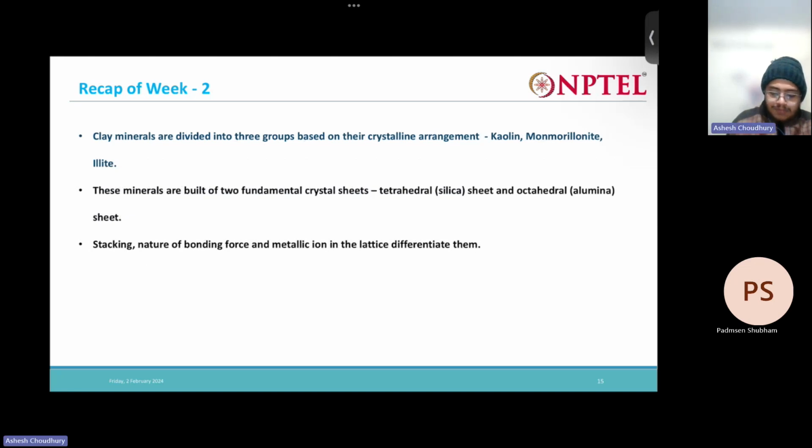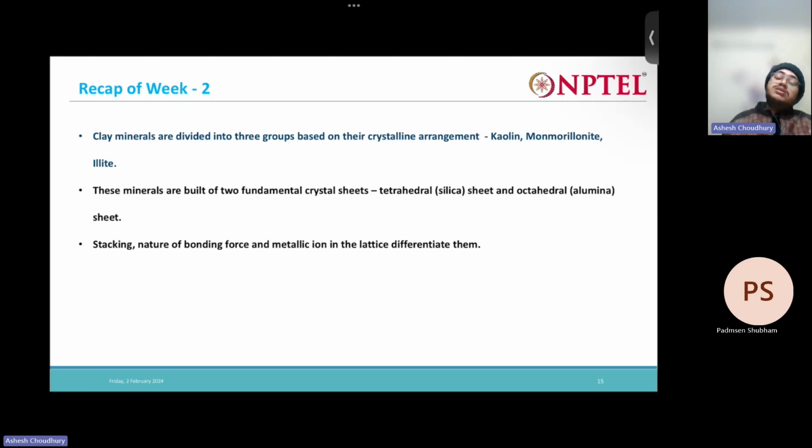Okay. So clay minerals are divided into three groups based on their crystalline arrangement: kaolin, montmorillonite, and illite. These are the constituent minerals that form a clay. These clay minerals are formed by the arrangement of crystal sheets. There are two kinds of sheet: tetrahedral sheet and octahedral sheet.